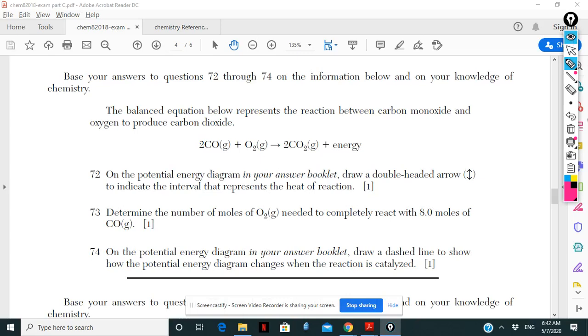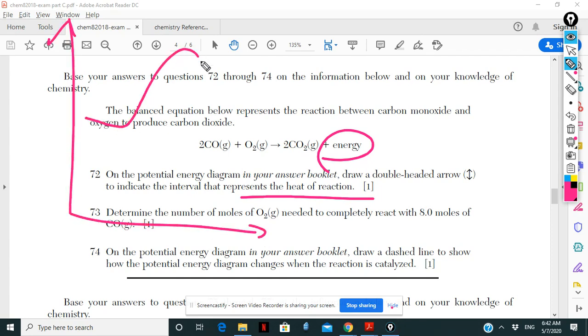For question number 72, on the potential energy diagram in your answer booklet, draw a double-headed arrow to indicate the interval that represents the heat of the reaction. First, this is an exothermic reaction because the energy of the reactant is more than the energy of the product.